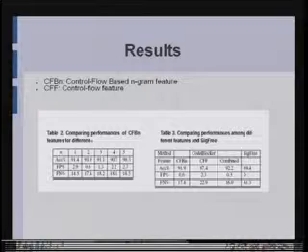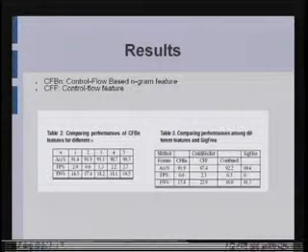We have the control flow based n-gram feature. Comparing performance of CFBN features for different n, as n varies, for the control flow based n-gram feature and the other one, just the control flow feature without the n-grams.